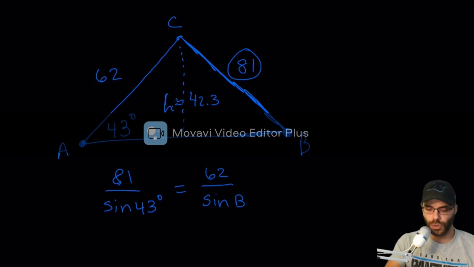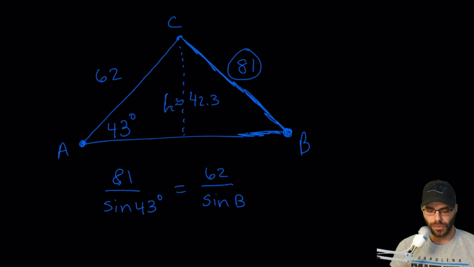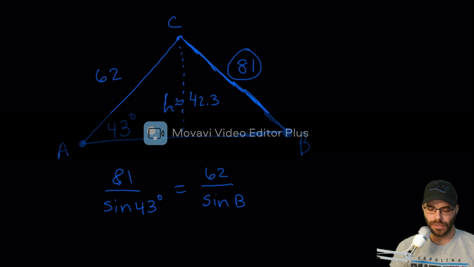Now we would cross multiply and divide. So we would have 81 times sine angle B is equal to 62 times sine 43. And then we would divide by 81.